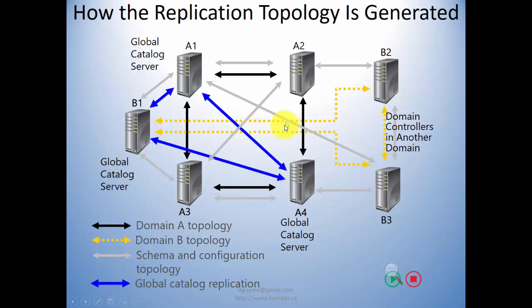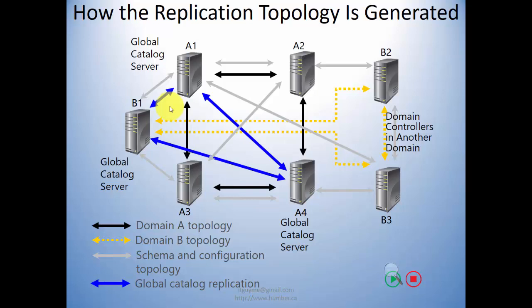What is this? Global catalog replication, of course, wherever the global catalog role is. This is domain A and this is domain B, but global catalog servers are replicating. Why? They are different domains, but why is it replicating across domains?